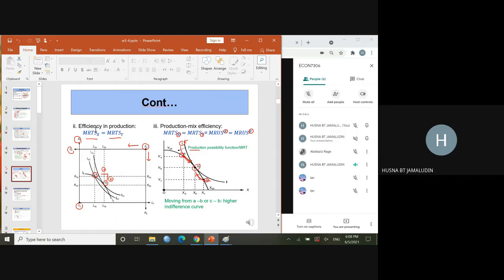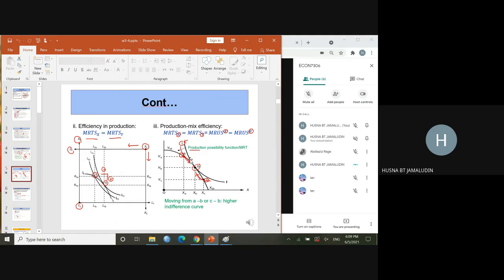We also have to satisfy the efficiency in production. When we talk about production, we are talking about how you want to produce your X and Y. So we are rearranging the capital and labor because goods can be produced using capital and labor. And the last one, you also have to satisfy the production mix efficiency. It means that you combine your production and consumption diagram at one point.